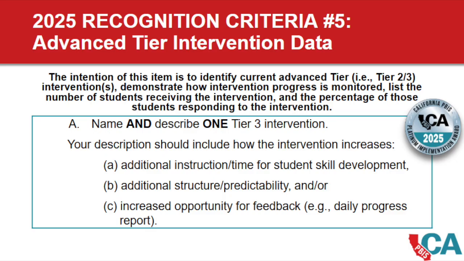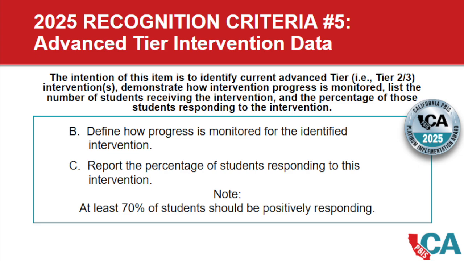To complete this item, for gold, you will name and describe one Tier 2 intervention. For platinum, name and describe both a Tier 2 and a Tier 3 intervention. Your description should include how the intervention increases additional instruction, time for student skill development, additional structure, predictability, and/or increased opportunity for feedback, such as a daily progress report.